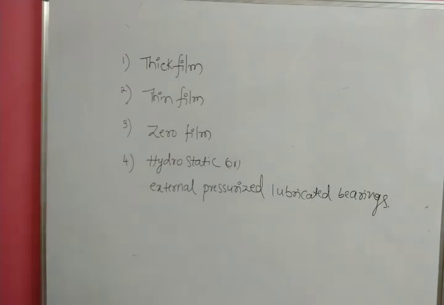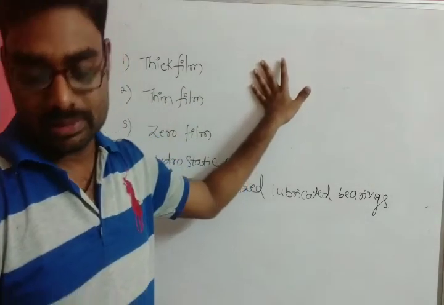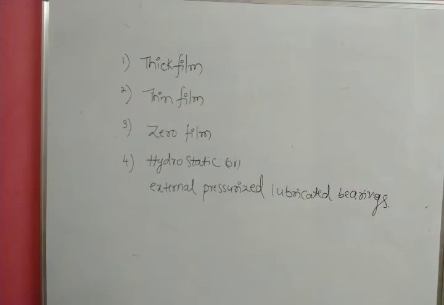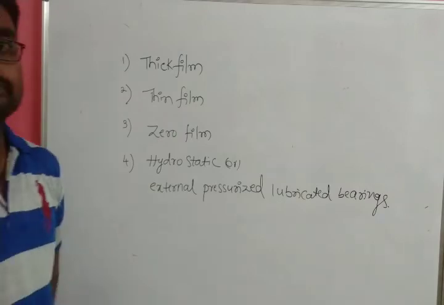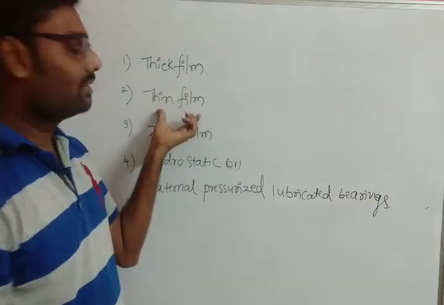What is the definition of thick film? Thick film bearings are those in which the working surfaces are completely separated by the lubricant. The second one is thin film.